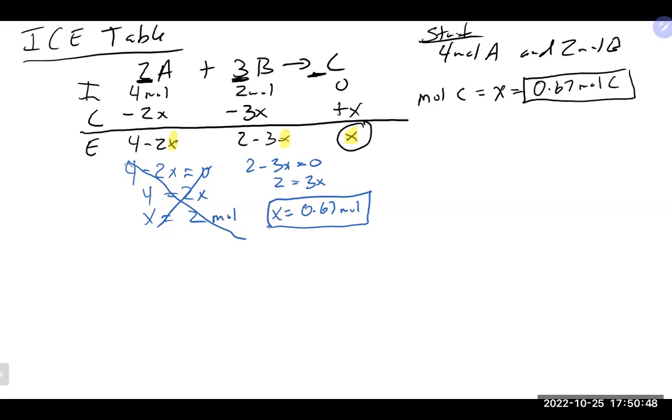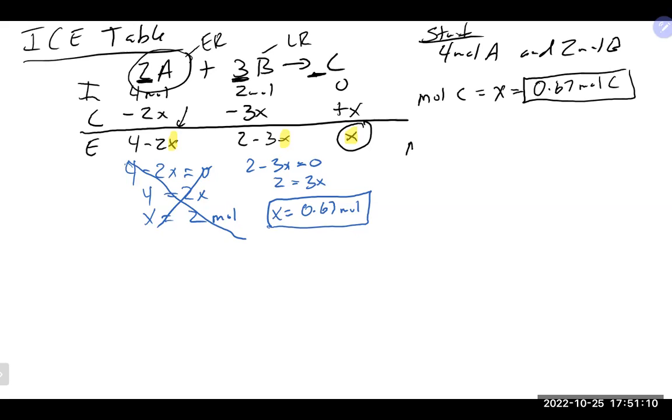Now, we also know that in this case, A is our excess reagent. B was our limiting, which means we could also put the X value in here and quickly figure out how many moles of the excess reagent is left over.